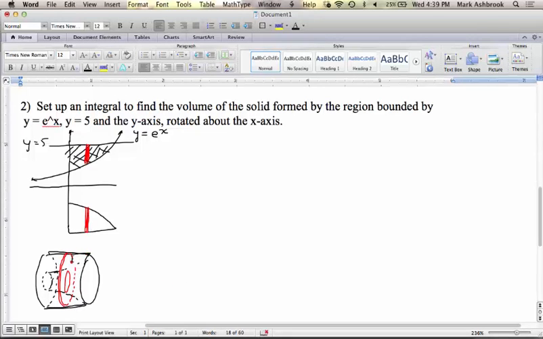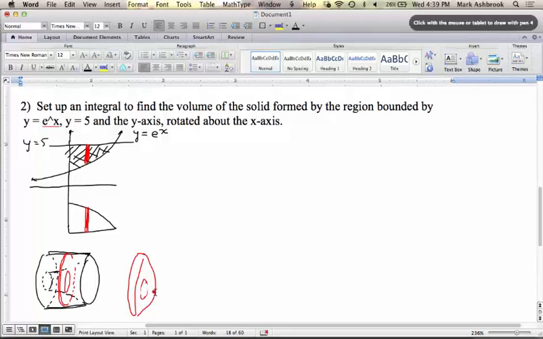And so that's what we want, the volume of a typical washer. That kind of came out backwards. Okay, so it's supposed to be round, but that's the general idea.